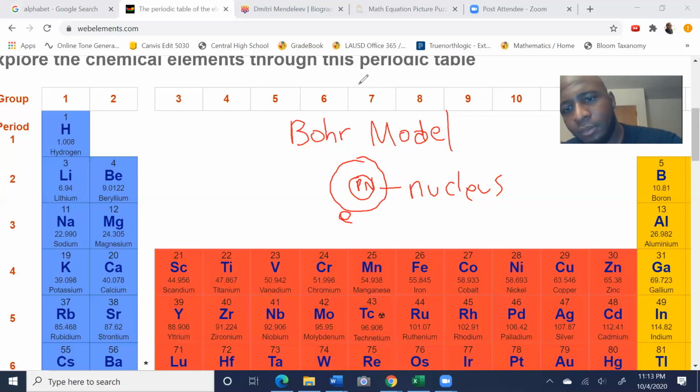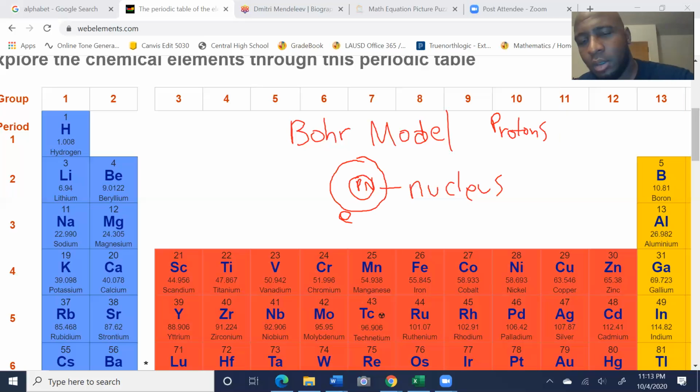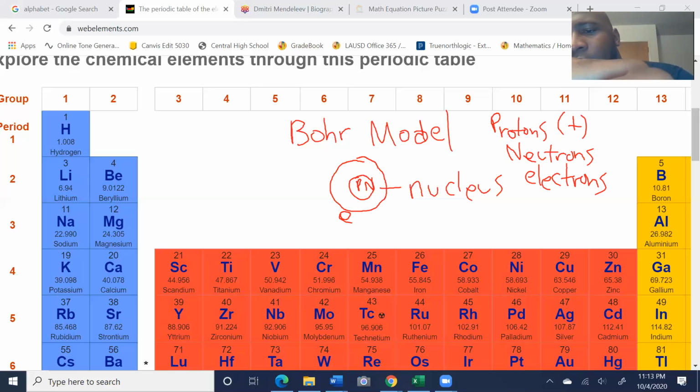Now, elements typically have protons, neutrons, and electrons. They have charges. I want you to think of magnets because magnetism does come into play when it comes to chemistry. So protons have a positive charge. We use a little plus to express that. Electrons have the opposite.